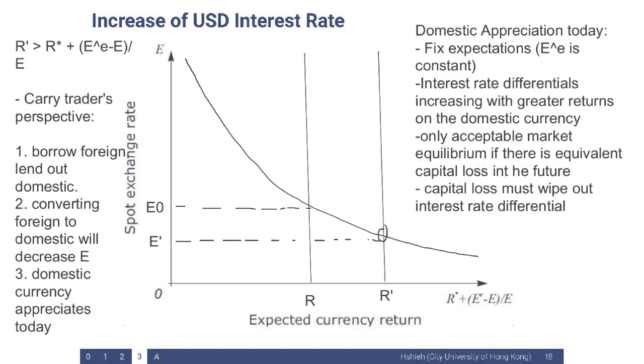So what you would do is borrow foreign, lend out domestic, but converting foreign to domestic will increase or decrease E. And so that means that domestic currency appreciates today.